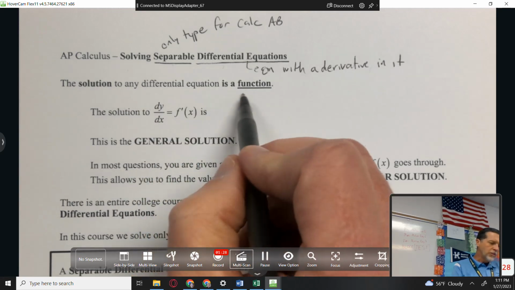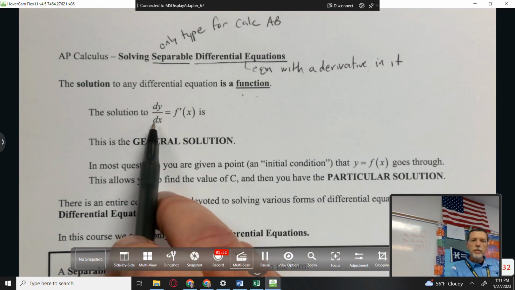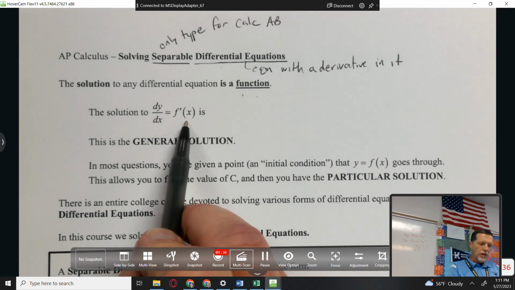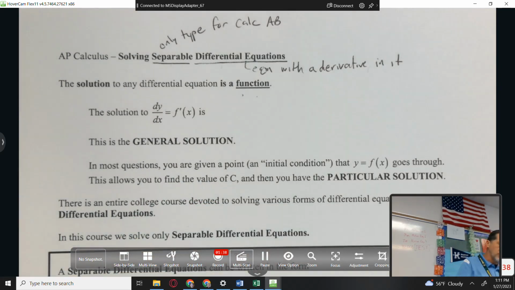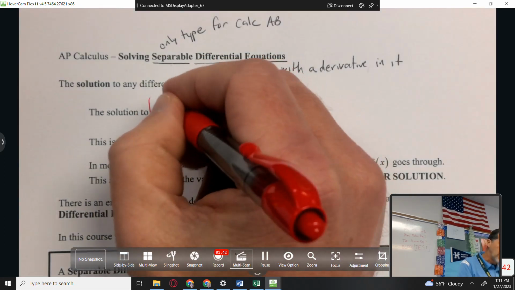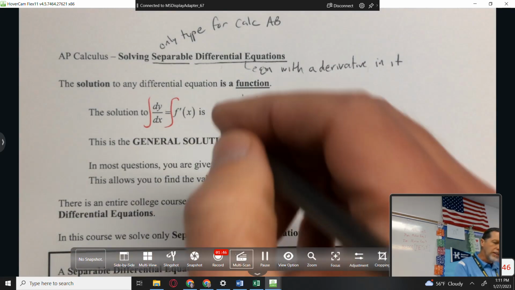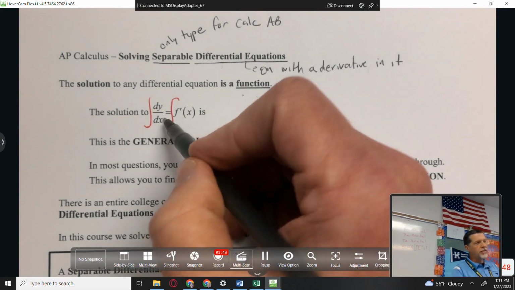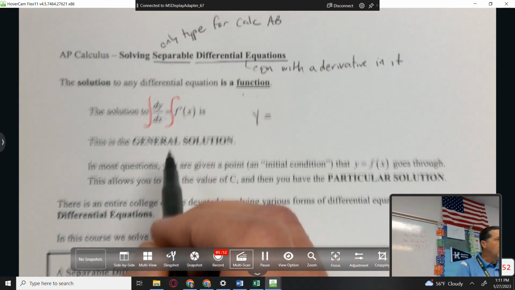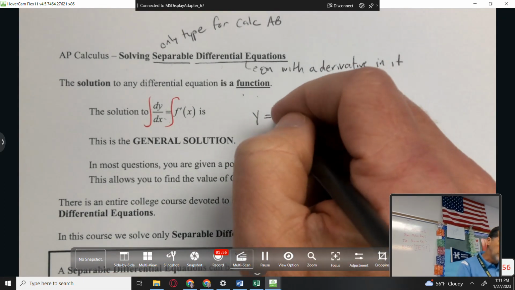The solution to any differential equation is a function. The solution to dy/dx equals f prime: we could almost do this one symbolically. If you integrate both sides, the antiderivative of the derivative on the left side would be y, and the antiderivative of the derivative of f would be f.